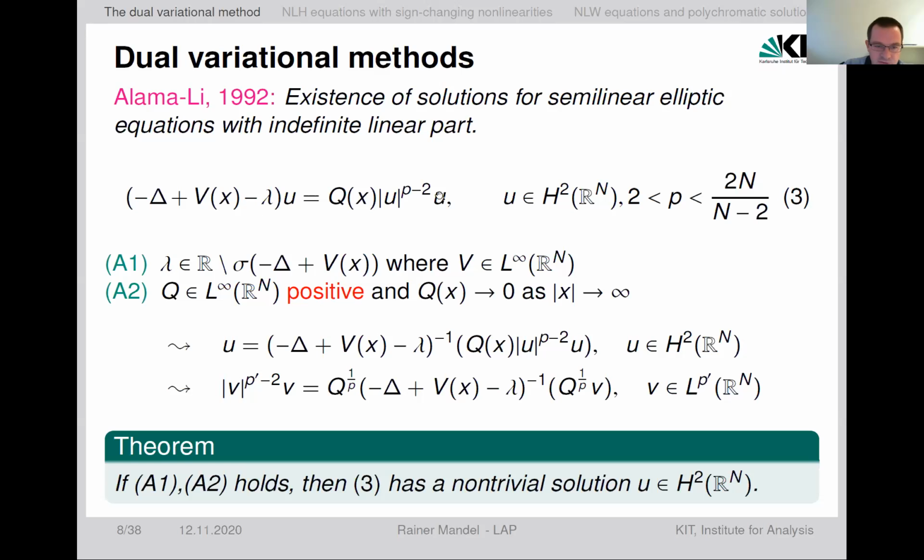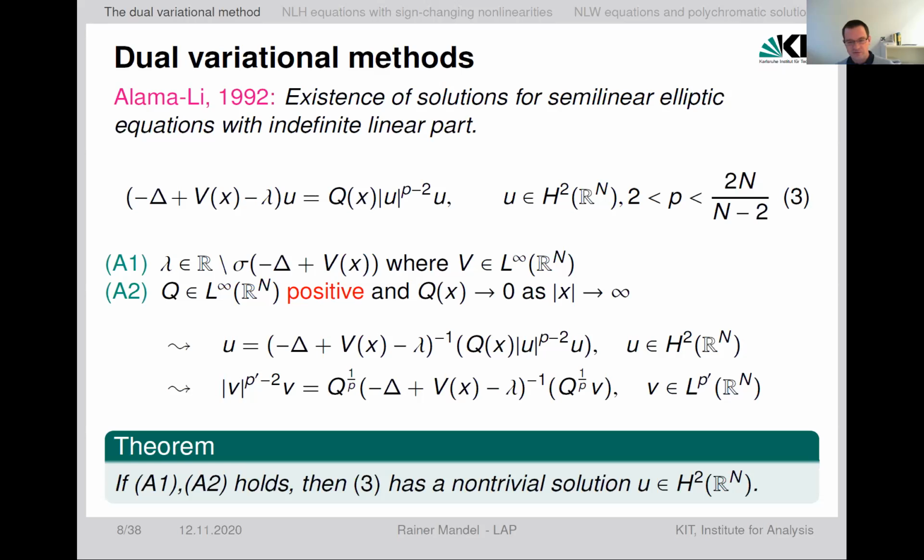They started from this equation here, applied the inverse operator, performed this variable substitution, and obtained an equation that they could discuss with variational means in L^p prime. And again, using the mountain pass theorem, they concluded that this equation has a non-trivial solution. Here, I emphasize once more that the positivity was needed.